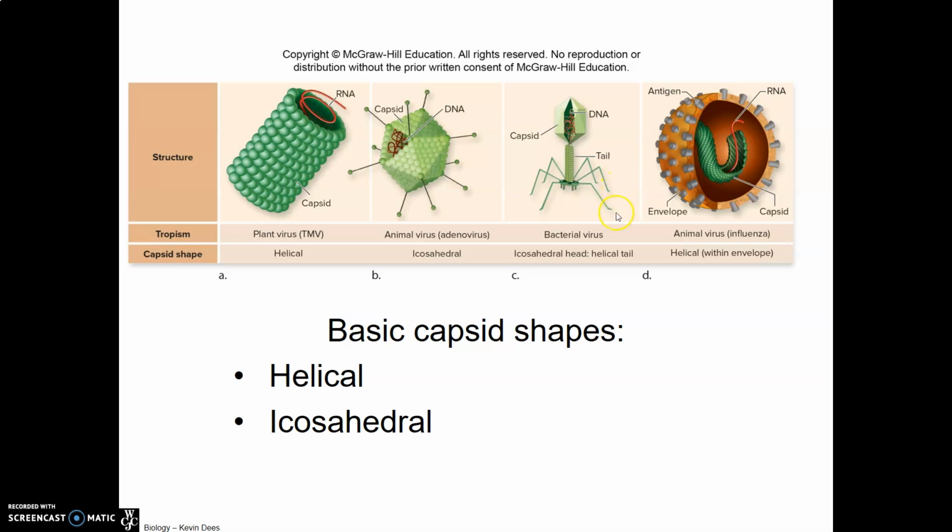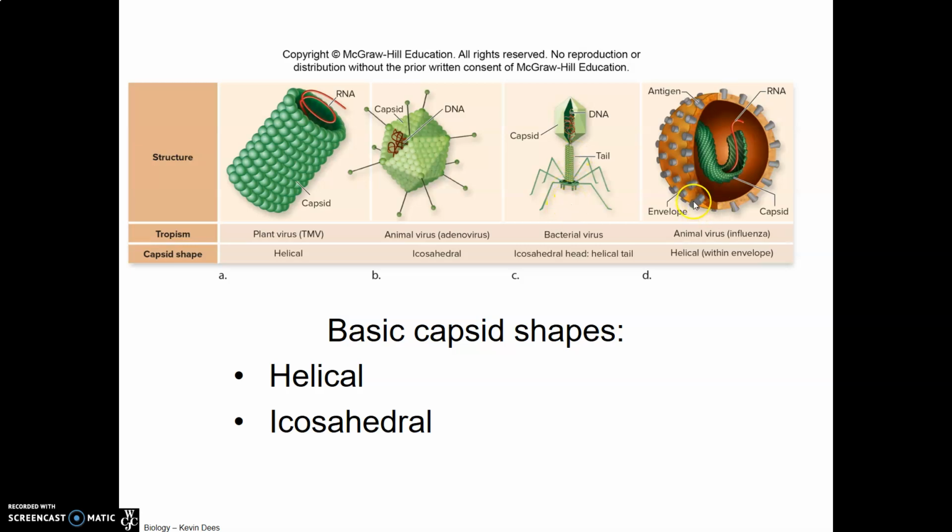Sometimes we see a bacterial virus, like this phage here, that is a combination and has an icosahedral head and a helical tail. These are very odd looking viruses. These proteins do some really unique things, and in these phages, they are actually able to inject their DNA, as we'll see momentarily, into a bacterial cell.